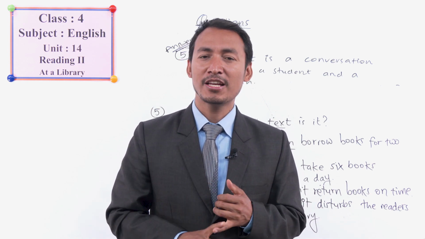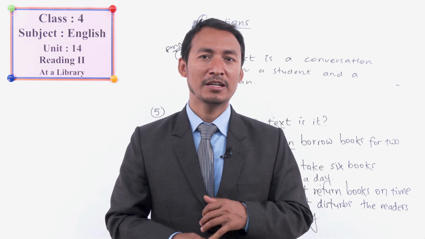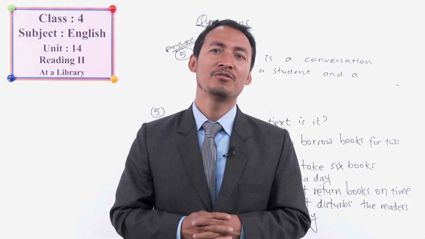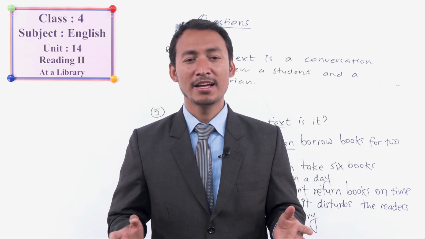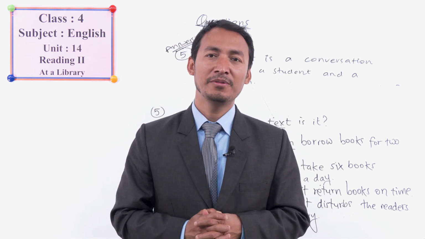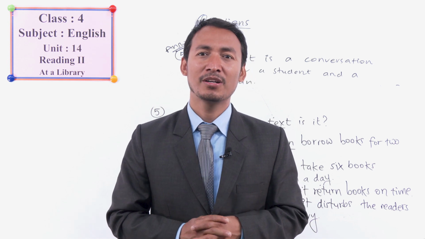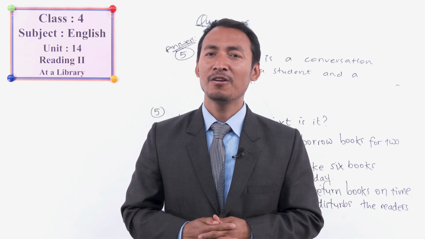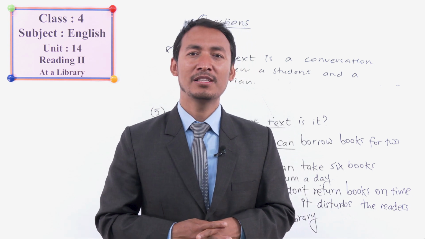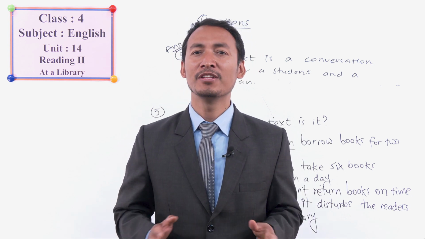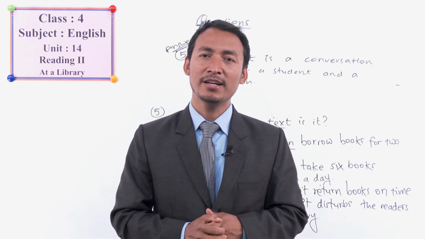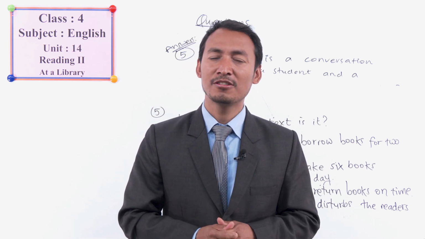We did exercises about completing sentences, and we also did true or false statements, and finally we answered some of the list of questions that we have made here. I hope you have clearly got all the information and ideas about this lesson and about the text. I hope you will do the exercises on your copy as well and show it to your teacher.